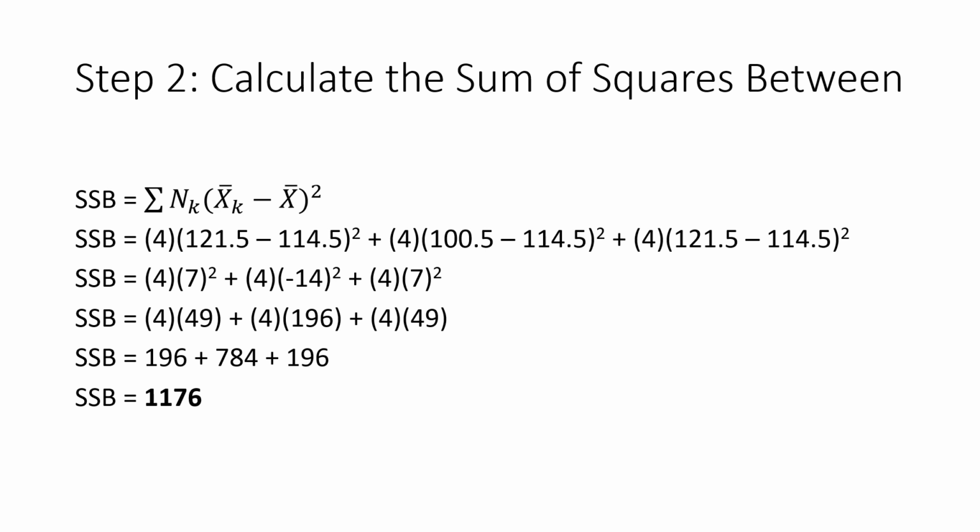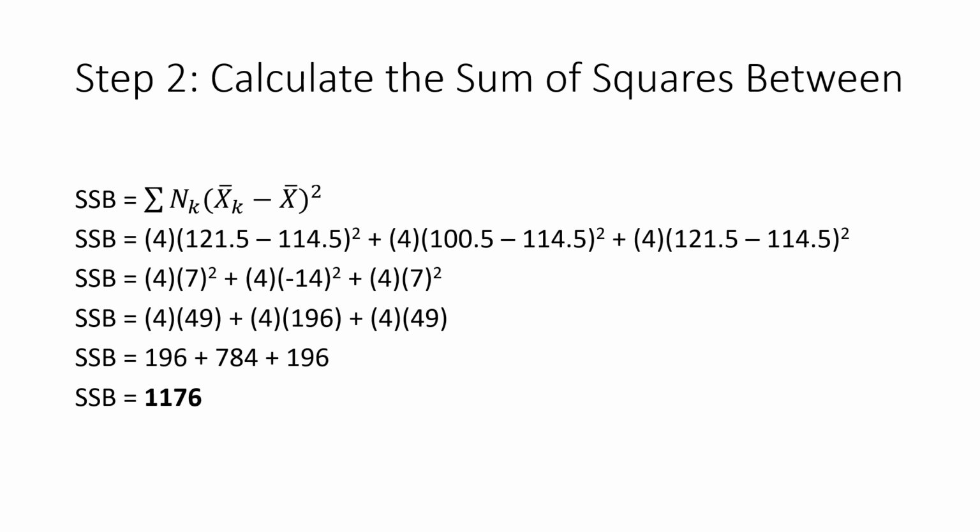So n sub k is 4 times, and then in parentheses, we have x bar sub k, the average within each of those groups, minus the overall average, which we calculated on the previous slide, 114.5, squared.